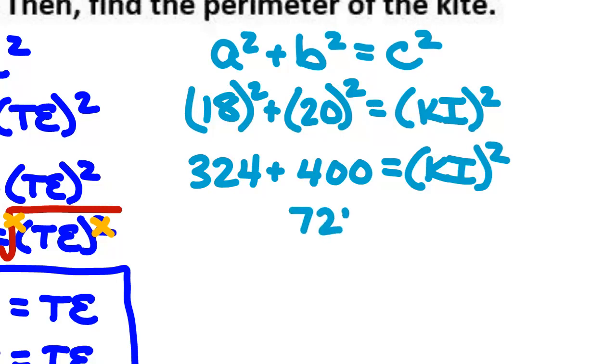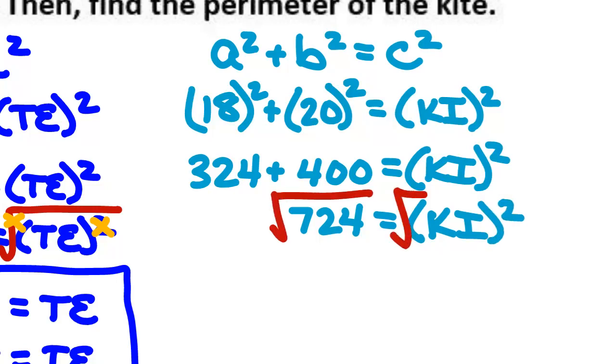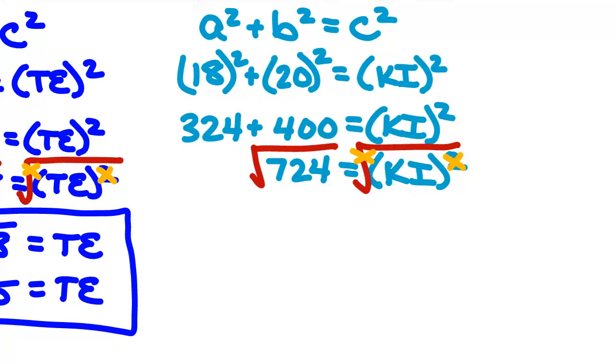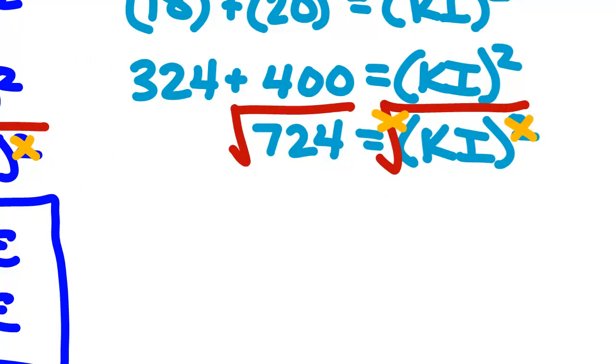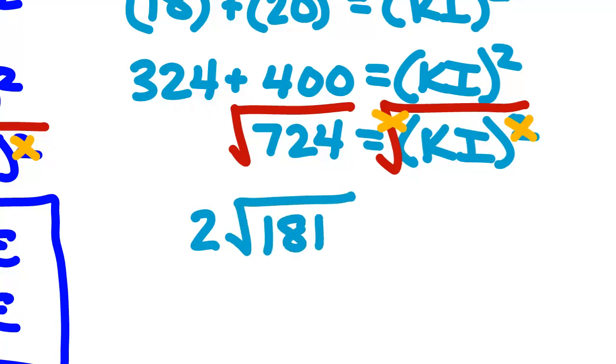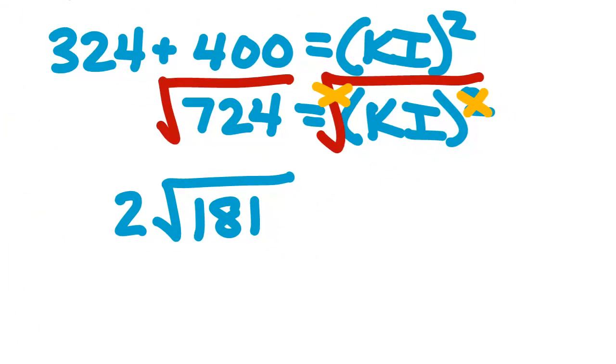That would be 724 is equal to KI squared. And then we take the square root of both sides. Squared and square root cancel out on the right. And the square root of 724 in its reduced radical form is 2 square root of 181.